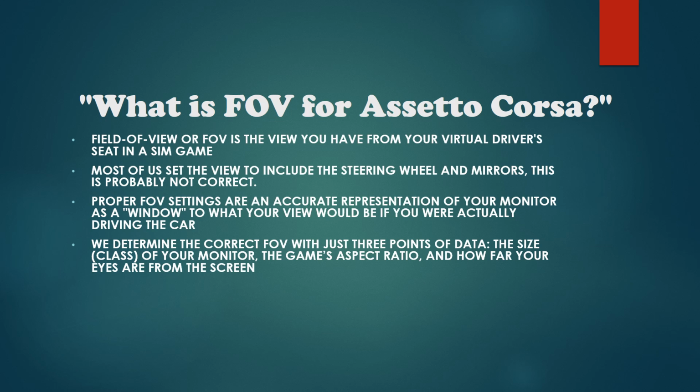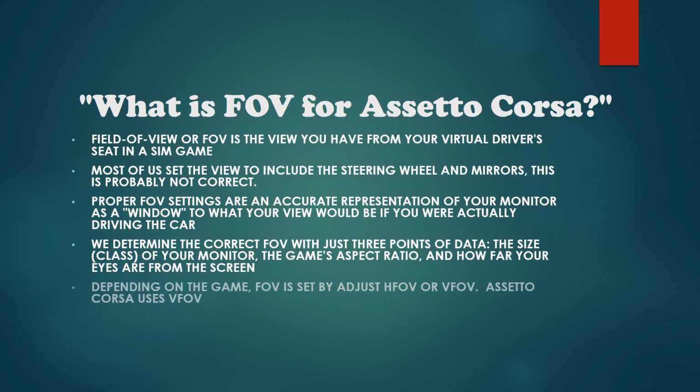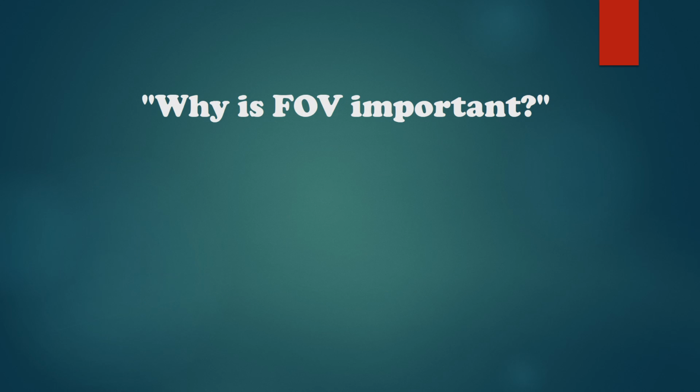Depending on the game, you can adjust either the horizontal or the vertical field of view, and we're keeping this one specific to Assetto Corsa, so it is the vertical field of view that we will be adjusting in this game.